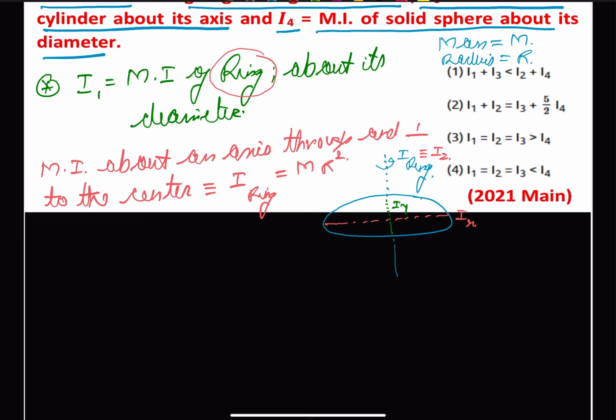So my Ix is perpendicular to my Iy, which is perpendicular to my Iz, but Ix and Iy are in the same plane.